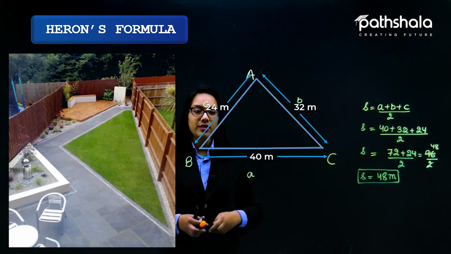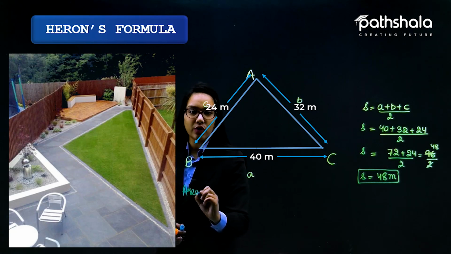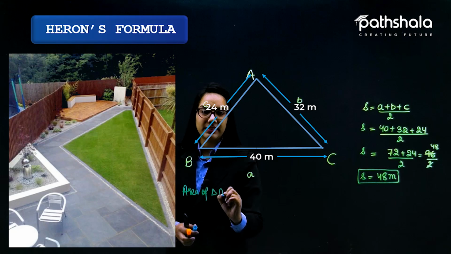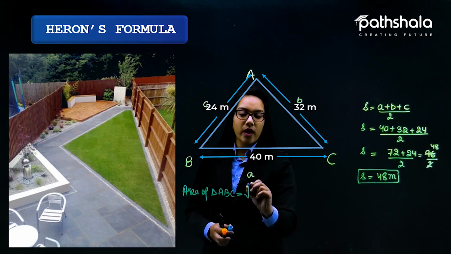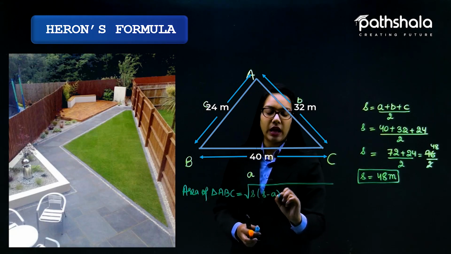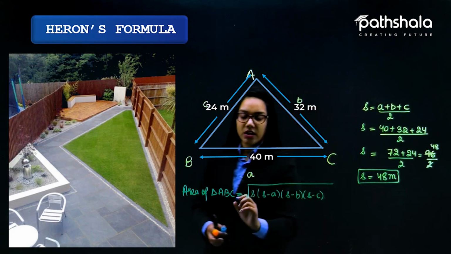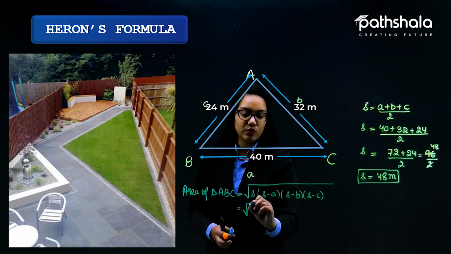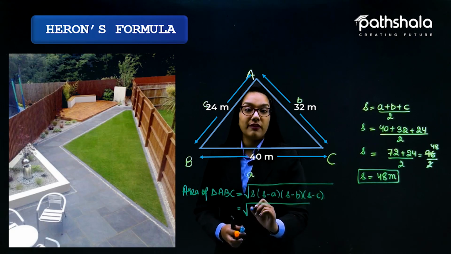We just wanted to find out the area using Heron's formula. So, starting with finding the area of the triangle ABC, this would be equal to the square root of s minus a, s minus b, s minus c. Let's plug in all the values over here. S is 48, as you can see we have calculated.